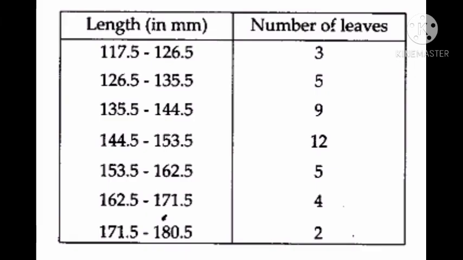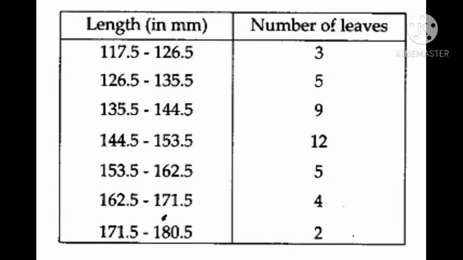Now see the table. Before, the first class interval was 118 to 126. Here we subtracted 0.5 from the lower limit and added 0.5 to the upper limit. So 118 minus 0.5 becomes 117.5, and 126 plus 0.5 becomes 126.5.